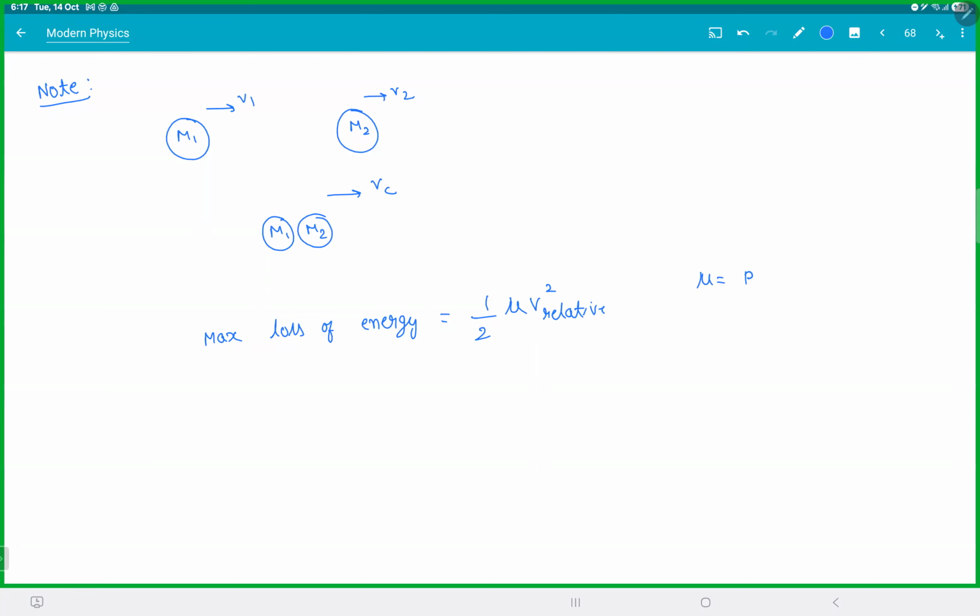Mu is your reduced mass and v relative is the relative velocity. This we saw in the center of mass, momentum and collision chapter. I taught you a trick there.